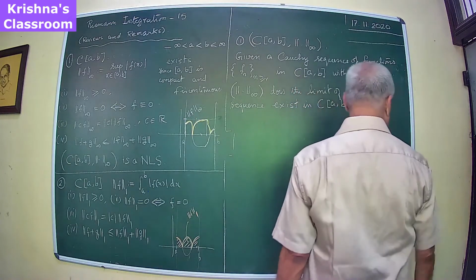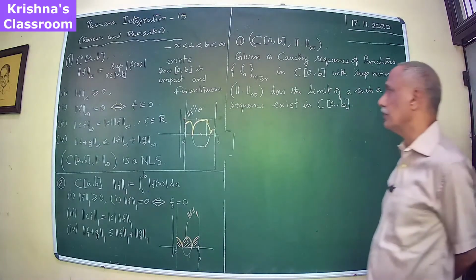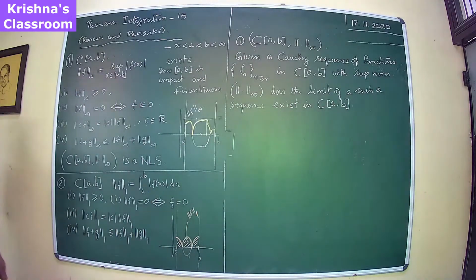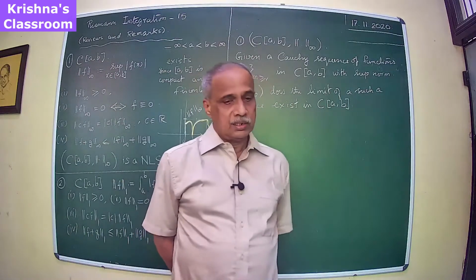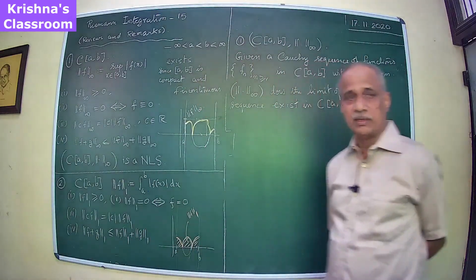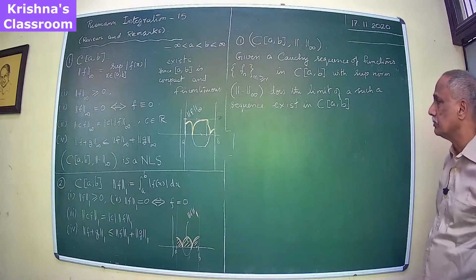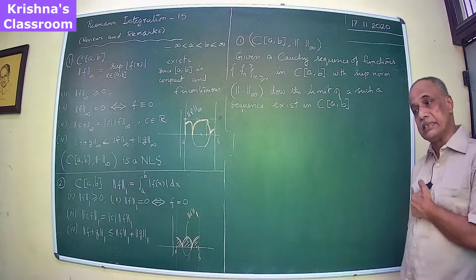In short, what I am asking is this: I have a sequence of continuous functions on the interval [a,b], and I am also assuming that it's a Cauchy sequence. That means it's a convergent sequence with respect to the norm and the metric that I have introduced. The question is, does it converge in the space itself?